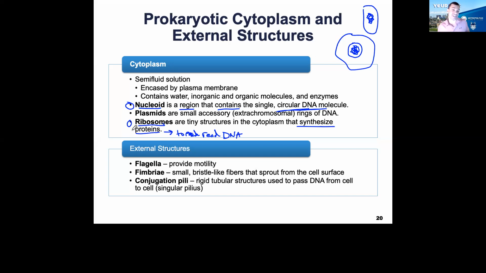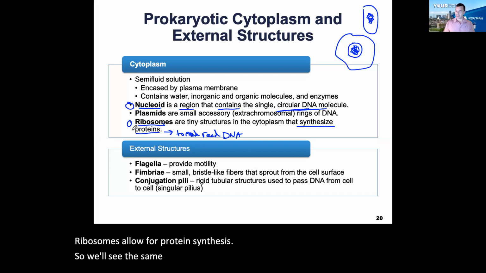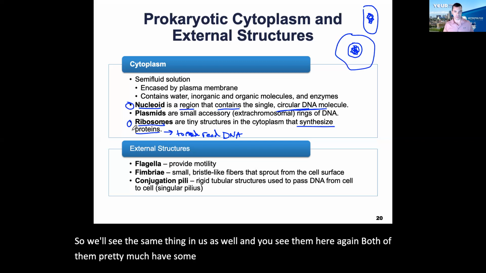Ribosomes allow for protein synthesis. So we'll see the same thing in us as well. And you see them here. Again, both of them pretty much have some basic structures associated with them. It's just they're much more basic here in a prokaryotic organism.